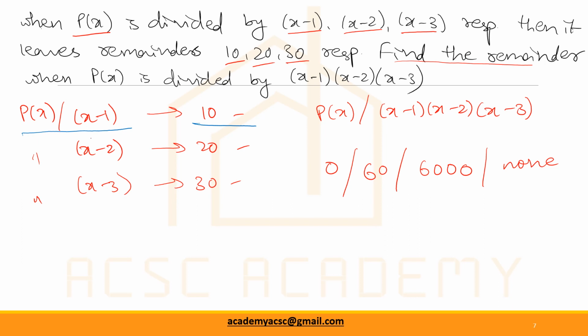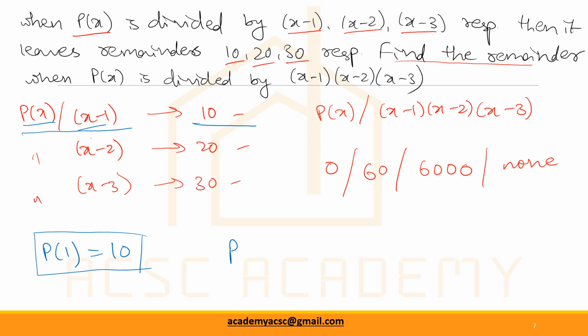This is what we have been learning in the last 2 parts of the remainder theorem: if you divide p of x by something like x minus alpha, then when we substitute alpha itself, which means p of 1, that will have the value 10. P of 1 will have the value 10. Then only when you divide it with x minus 1 will it leave the remainder 10.